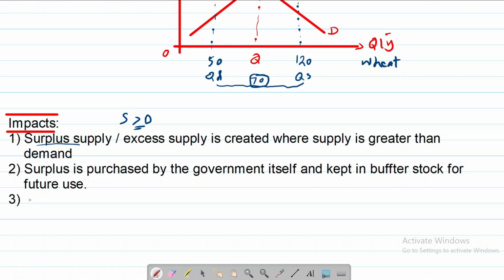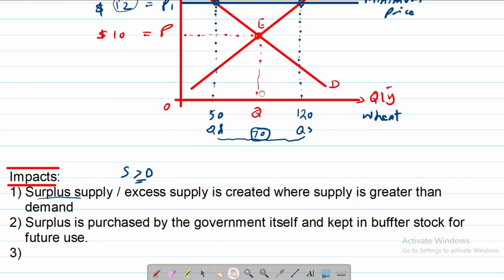The next point you can add is that this extra stock can be released in the future within the domestic market if needed due to any kind of uncertain situations, maybe due to natural disasters or maybe due to wars, etc. And the government may also sell it to other countries to earn foreign exchange as well. So it increases export earnings of the government as well.